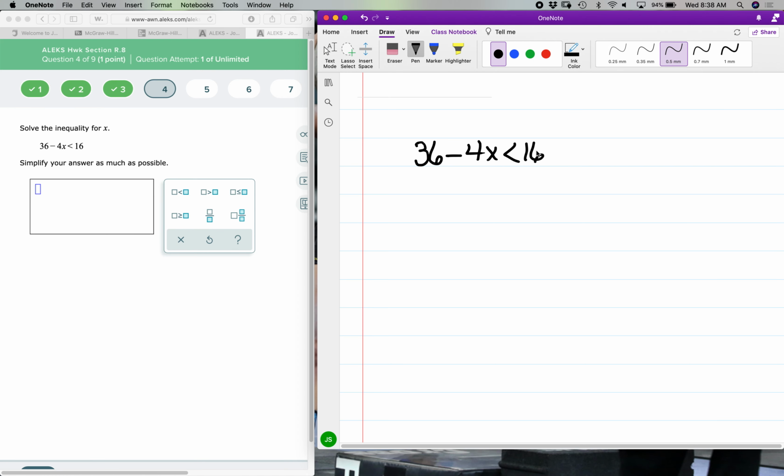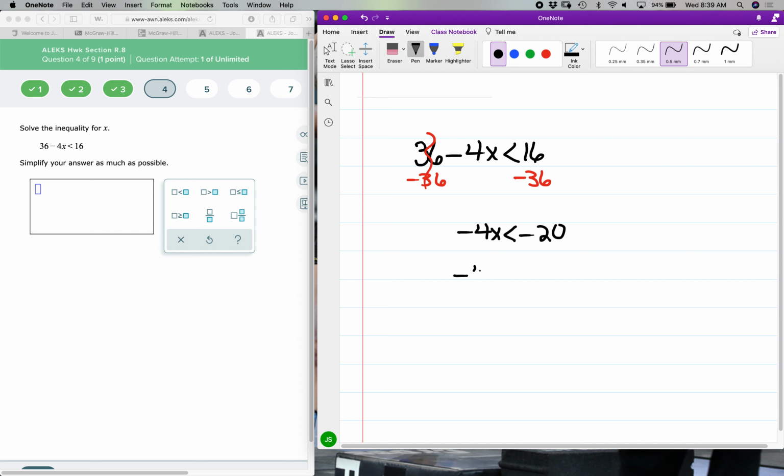Okay, for the inequality that we must solve, with the variable x, we have 36 minus 4x is less than 16. To solve for x, I look at isolating the variable term. Eliminating 36 from both sides, I have that -4x is less than 16 minus 36, which is -20.